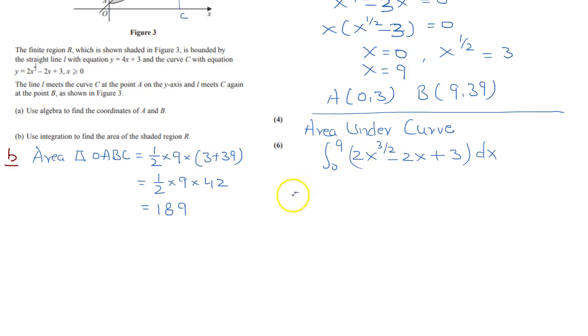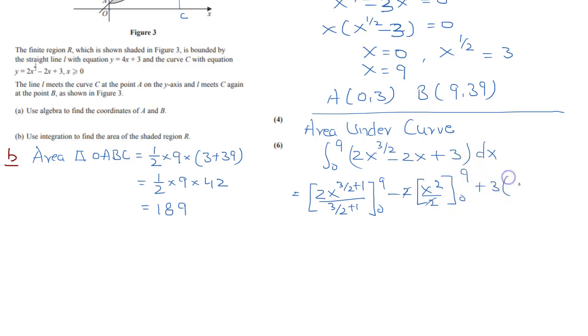So this is equal to 2 x to the power 3 over 2 plus 1 over 3 over 2 plus 1, from 0 to 9, minus 2 x square over 2, this 2 and 2 cancel, from 0 to 9, plus 3x.